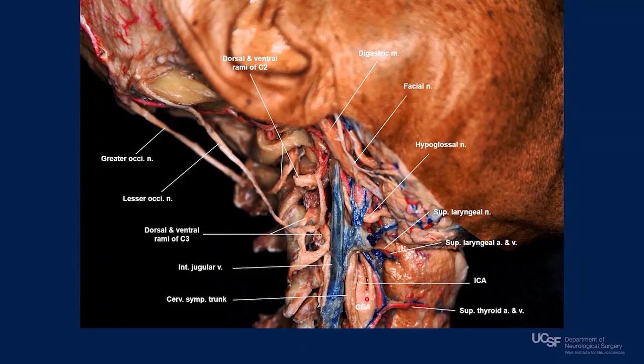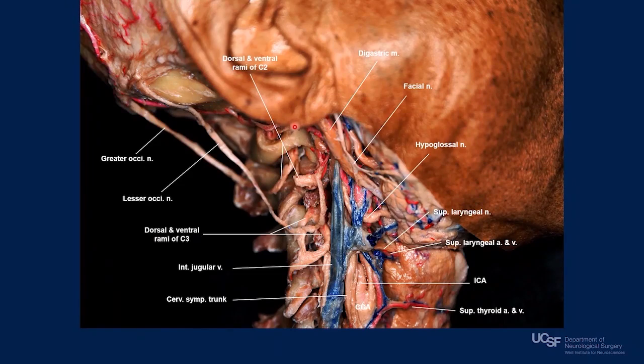We see the common carotid artery, the external carotid and the internal carotid arteries, the cervical sympathetic trunk that travels along these arteries, as well as the internal jugular vein and retromandibular vein that are going to be posterior and lateral to the arteries. Moving posteriorly, we see the sulcus arteriosus, V3, the transverse foramen.